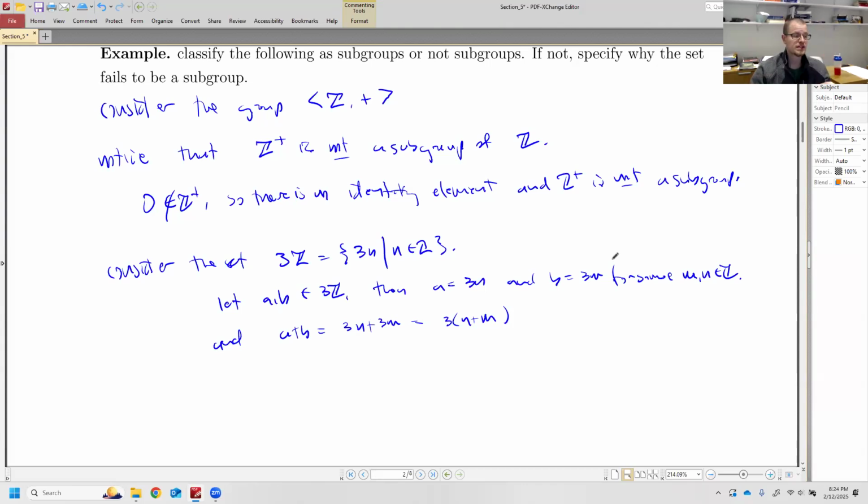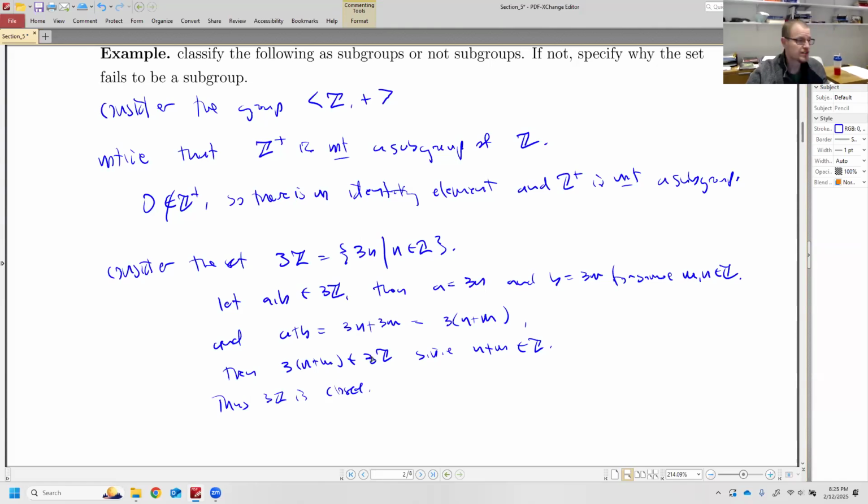If I didn't have commutativity, I wouldn't have this distributive property. Okay, you got to be really careful about that. But once I have that, then 3 times n plus m is in 3Z, since n plus m is an integer, right? So I can write it as 3 times an integer. So I have closure. 3Z is closed.